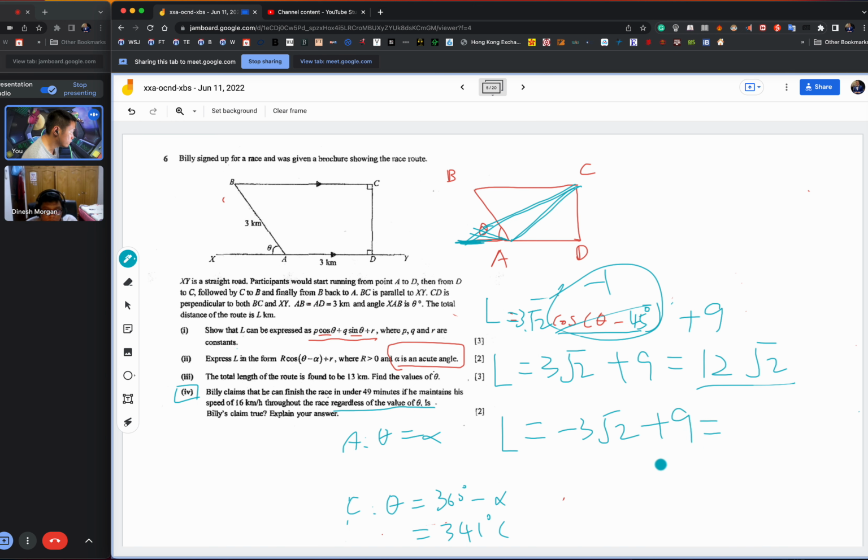Can you help me out with this? Square root 2 plus 9. 4.7 kilometers. Can you get this into a decimal number for easy reference? Okay, good, so the max value is 16.9.